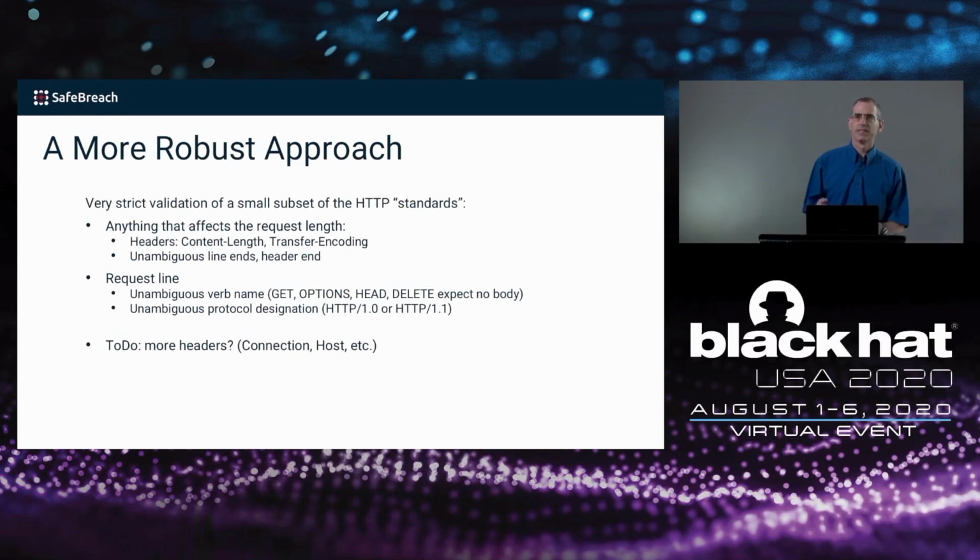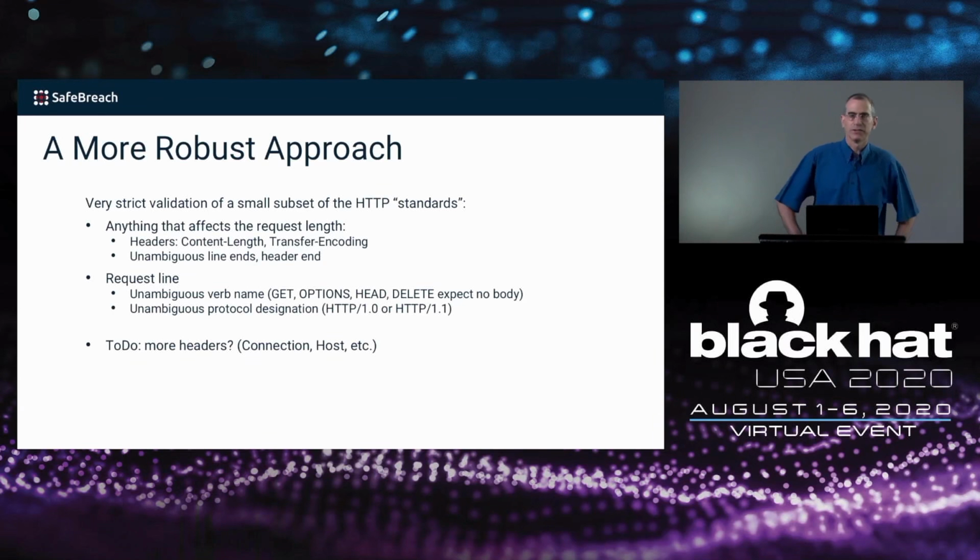And more specifically, the solution would revolve around having a very strict validation of a small subset of the HTTP standards. So I'm talking about anything that can affect the request length, specifically the content length header and the transfer encoding header, and having unambiguous line ends and header block end.